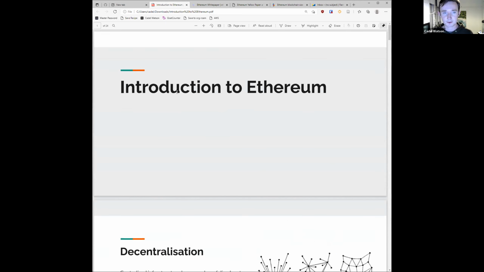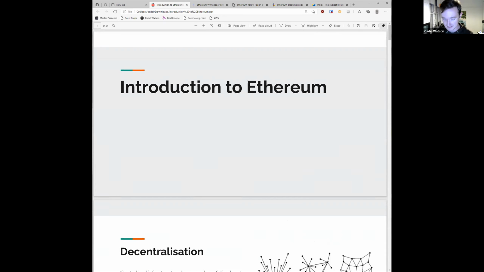So last week we talked about Bitcoin mostly because it's the most widely known, quite a simple blockchain. It deals really only with transferring cryptocurrency back and forth. But today, and for most of this course, what I want to focus on is another blockchain called Ethereum.